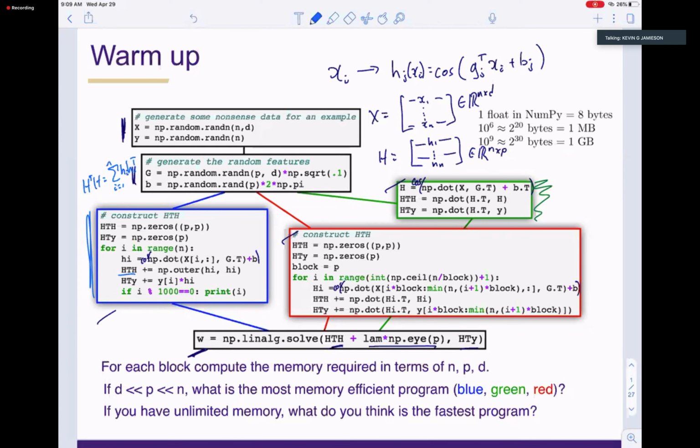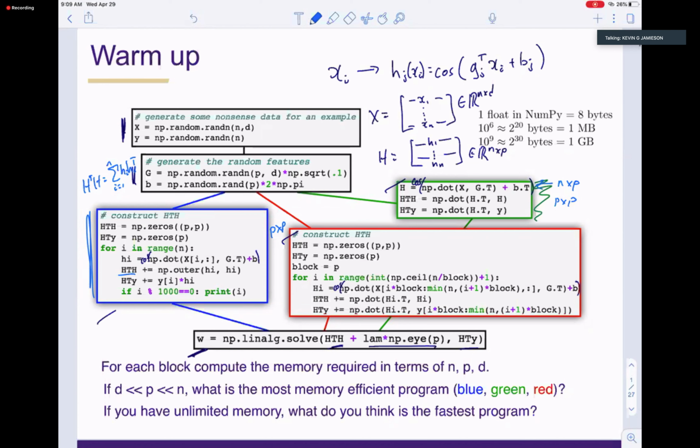But now if we instantiate H first, on this right-hand side again, comparing to the green, this is going to be an n by P matrix, and then a P by P matrix. But on this other side, the biggest thing we ever allocate is P by P. So we never allocate n by P. If n is very, very large, this could be very difficult.